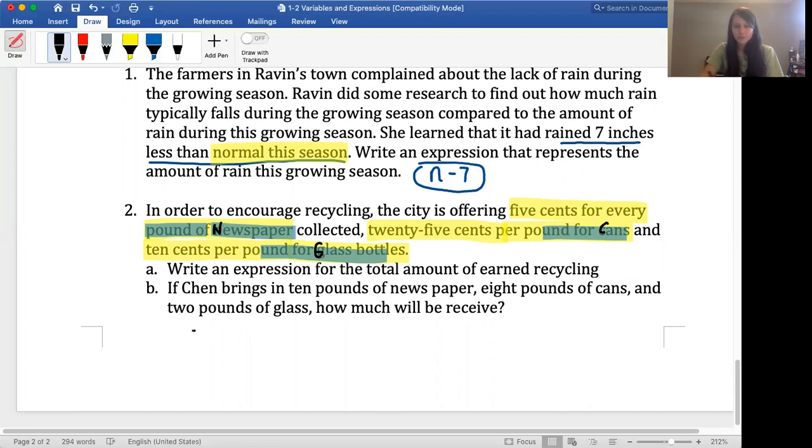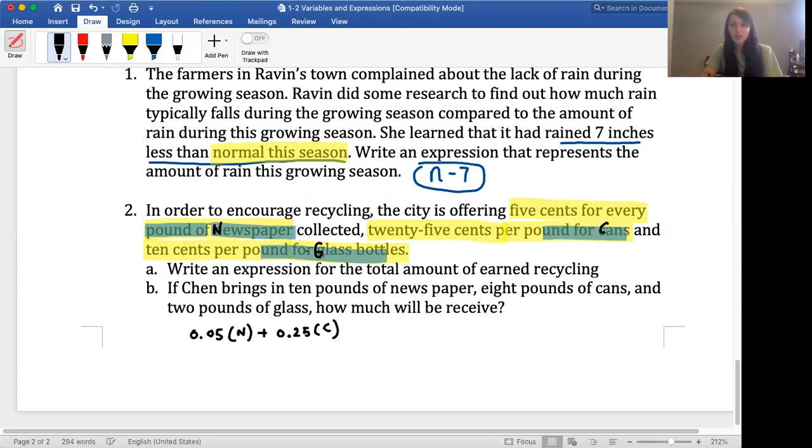So that would be 0.05 because that's 5 cents times N. And I'm going to add that to 25 cents per pound for cans. So it's going to be 0.25 times C.